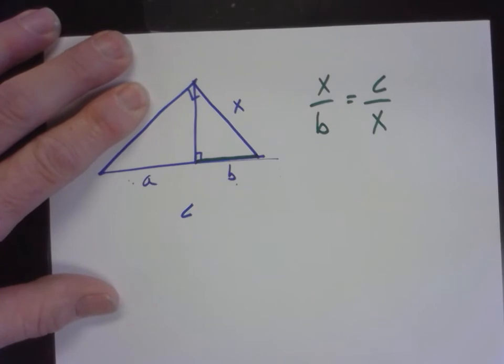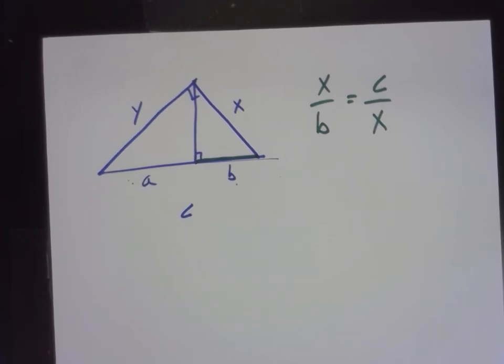Getting that in your notes, maybe? So the leg is the geometric mean of the entire hypotenuse and the piece of the hypotenuse that's connected to it. I don't know how else to call that.